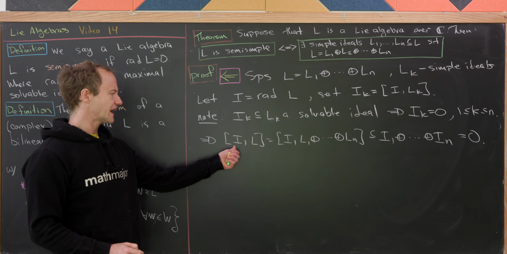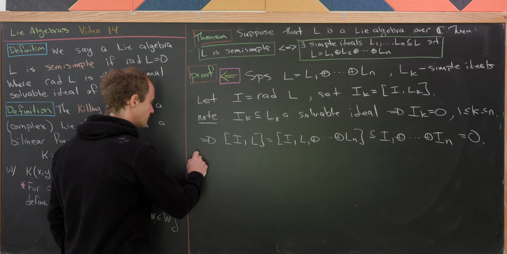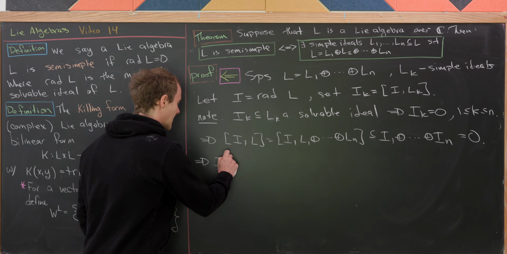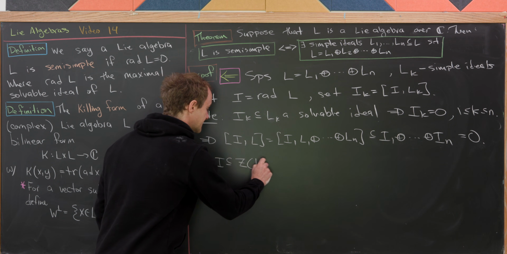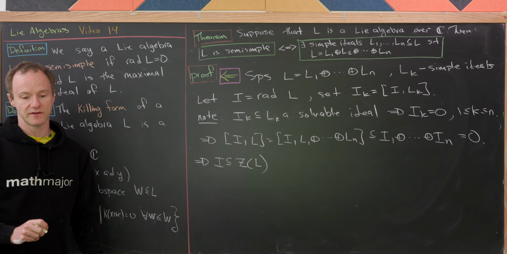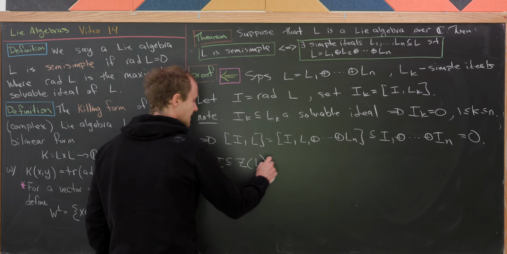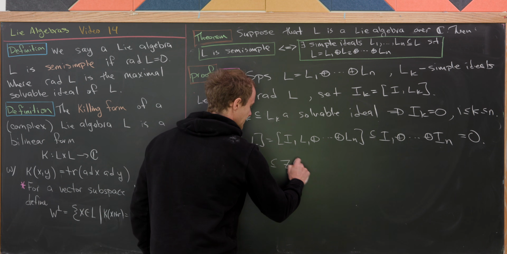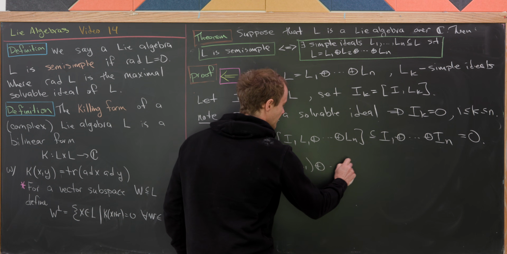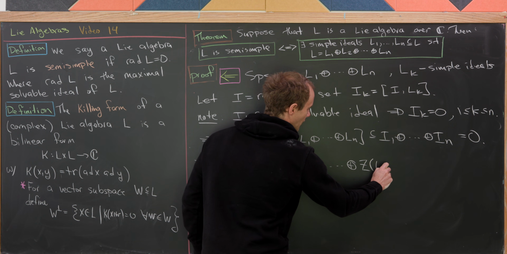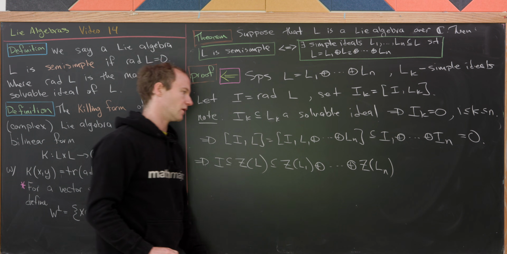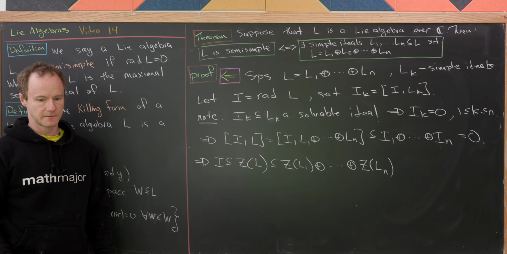But if the bracket of I with L is equal to 0, what does that mean? That means that I lies inside of the center of the entire Lie algebra. But notice that the center of the entire Lie algebra is going to be inside of the direct sum of all of these centers of L1 up to Ln.